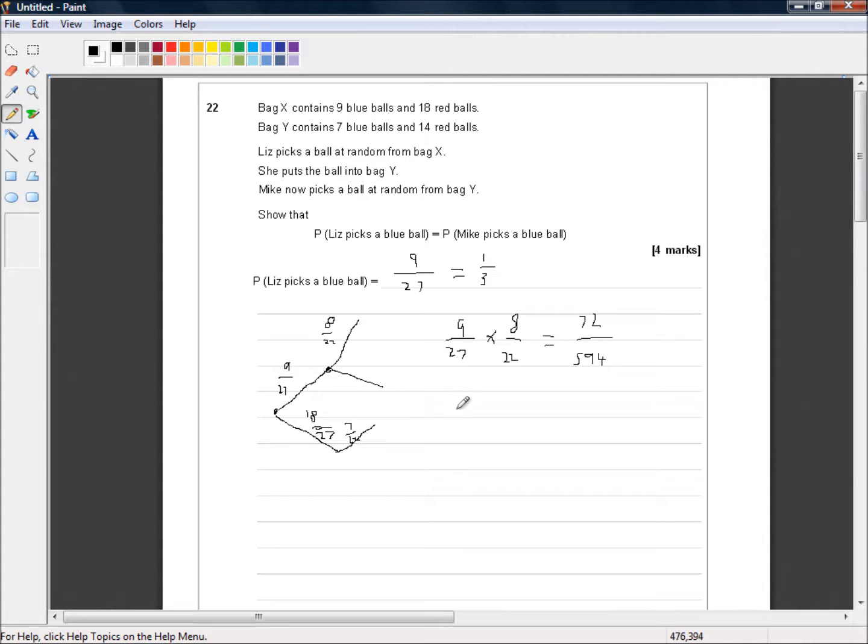Okay, so now we need to do 18 out of 27, because this is the probability of a red ball and a blue ball. So that's 18 out of 27 times 7 out of 22.